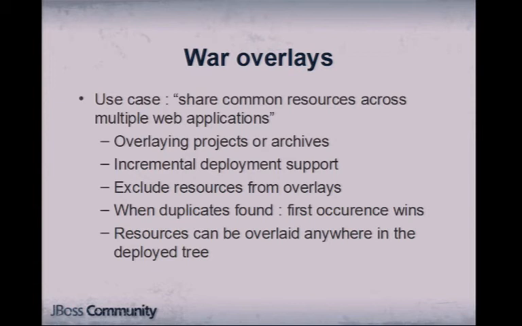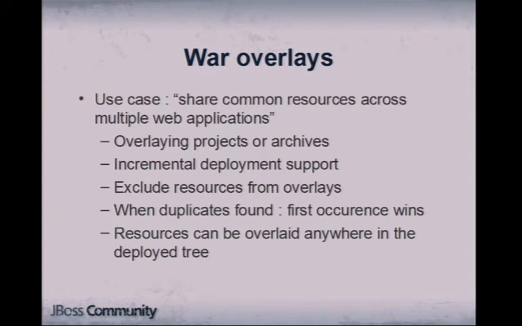The other interesting thing is the exclusion of resources from overlays. For instance, if the dependencies you're injecting contain too many things, you want to restrict what's deployed in your application to a few files. You can do that if you want.